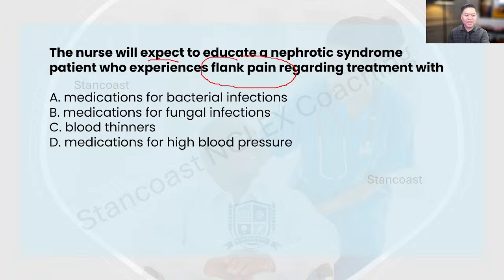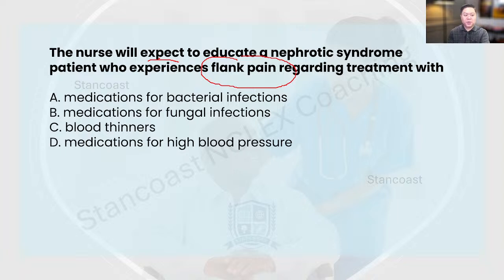Is it A, medications for bacterial infection? Is it indicated for that patient? Well, let's take a look. For this patient with nephrotic syndrome, if they are having flank pain, actually, this is not really the answer, because the antibiotics are only going to be indicated in those instances wherein there is a real infection, in the case of pyelonephritis, right?